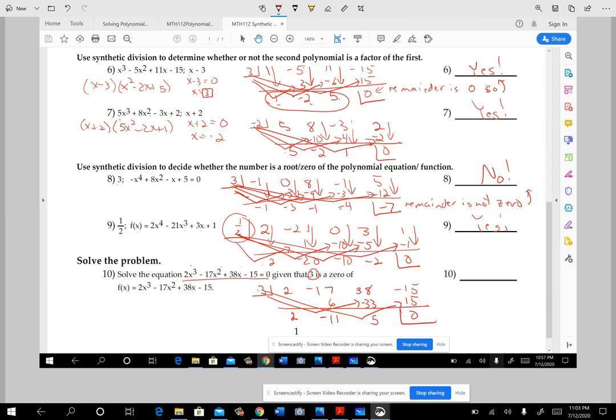Okay. So you see, I know that this 2x to the third minus 17x squared plus 38x minus 15 can be factored now into x minus 3, and then 2x squared minus 11x plus 5. And then I could take that and try to factor further.